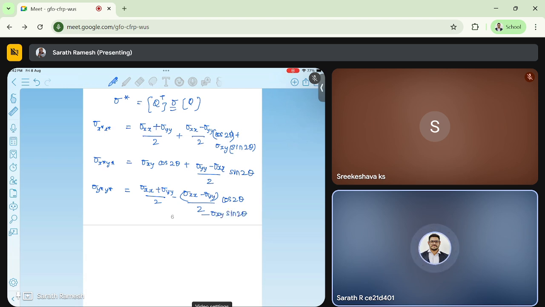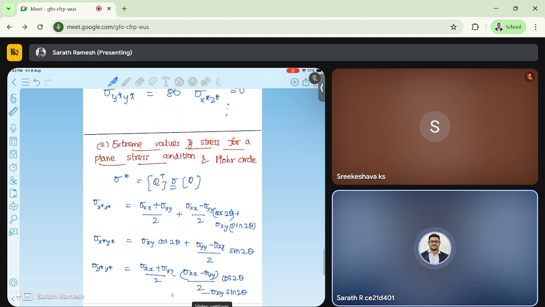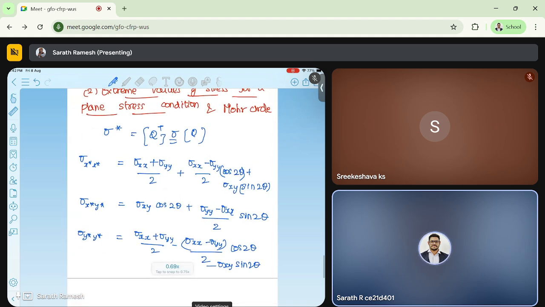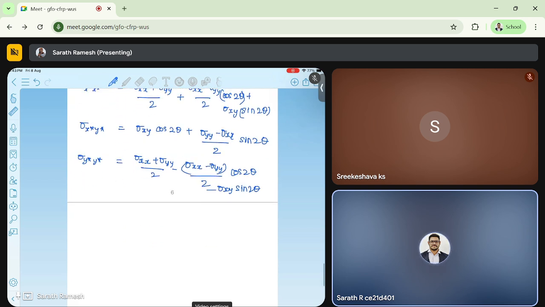This we can easily derive using the Q matrix and the sigma matrix. When we multiply all three matrices, we will end up with these equations, right? And here also we can note the trace of sigma will be the same.